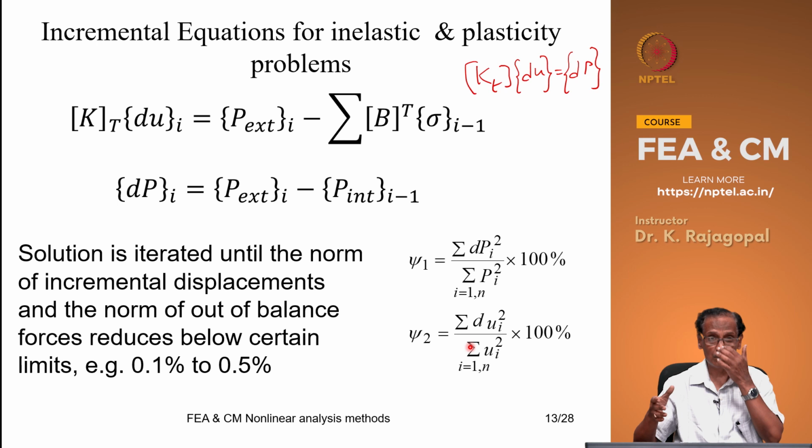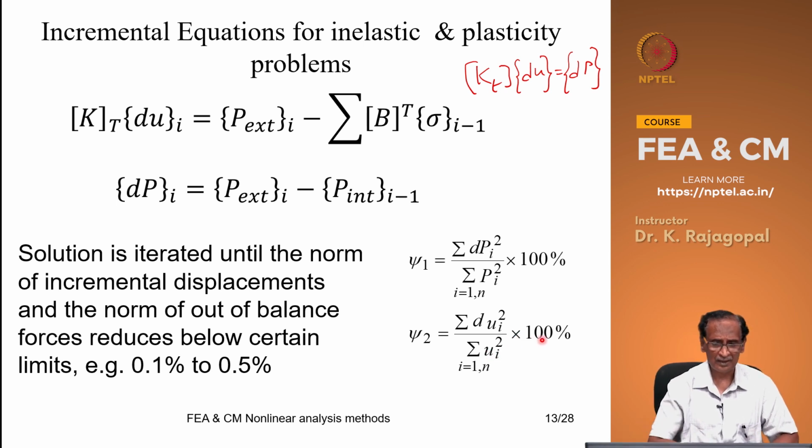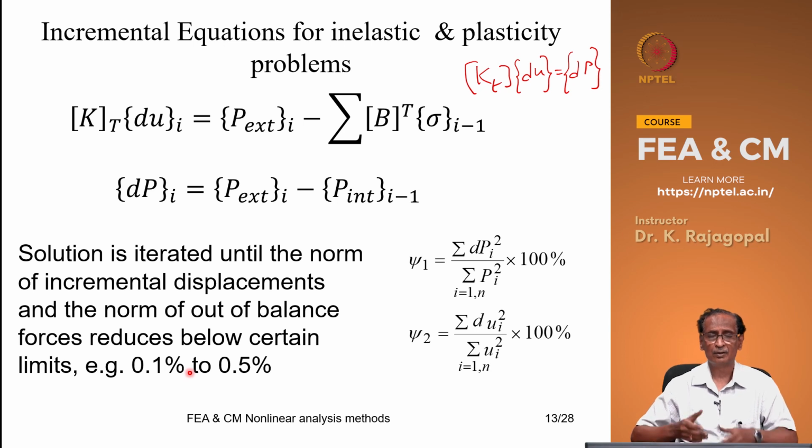So if dP is very small, your incremental displacements will be very small, and so our psi 2, the norm of the incremental displacements, is the ratio between the sum total of the squares of the incremental displacements divided by the sum total of the squares of the total displacements, and this multiplied by 100%. And once again we aim for about 0.1 to 0.5%, so that our solution is as accurate as possible.